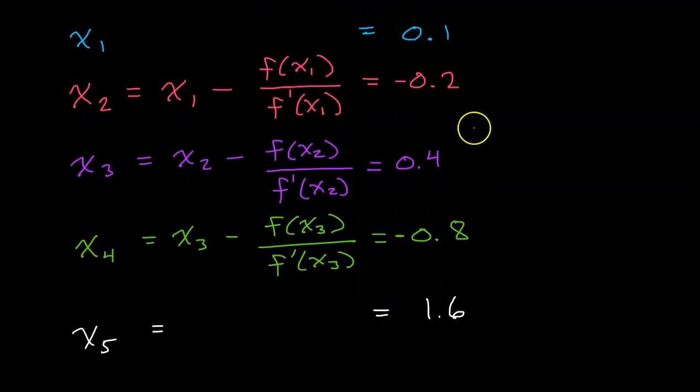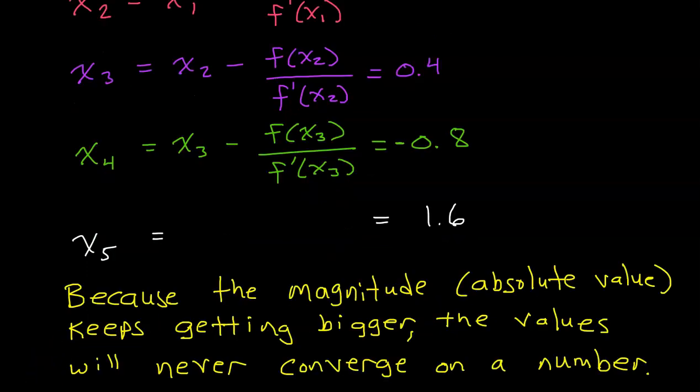Because we can see that the magnitude of successive values is getting bigger and bigger, there's no way that this will ever converge to a single value. This will just keep growing in absolute value. So again, because the absolute value keeps getting bigger, the values will never converge on a number.